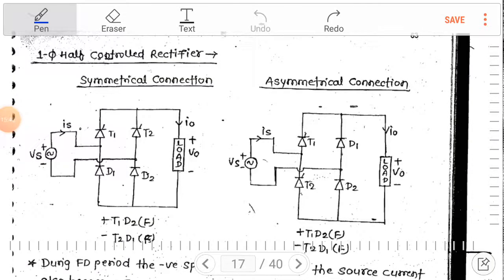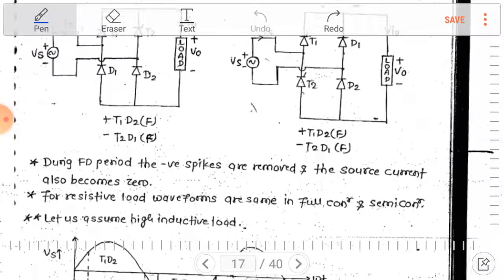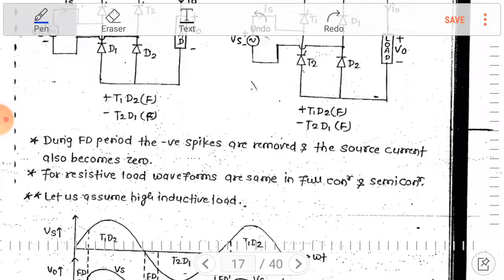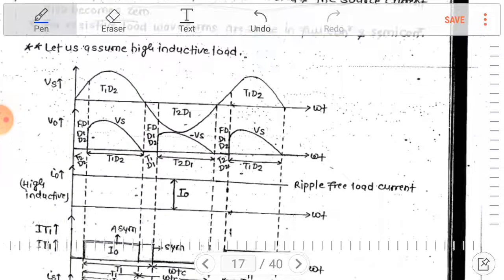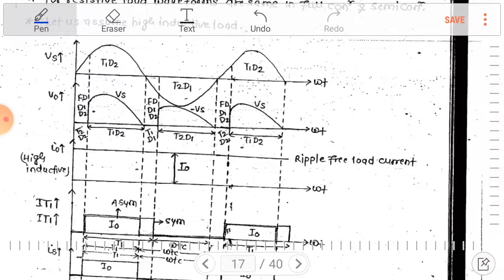Single phase half control rectifier or single phase semi converter. What is the requirement of the single phase semi converter? During the freewheeling period the negative spikes of voltage are removed and the source current also becomes zero. So in the semi converter or half control rectifier we get a waveform like this for any load.